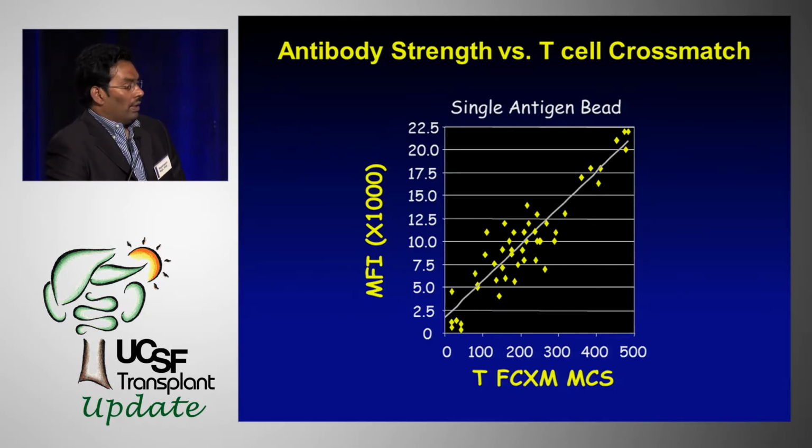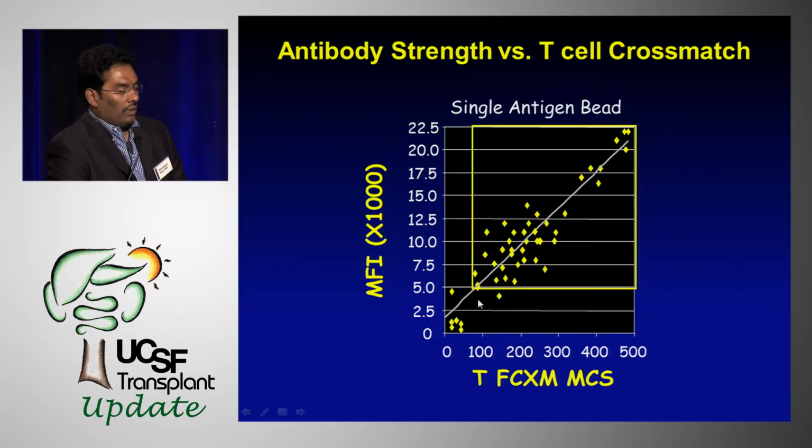We also did a correlation between the MFI, the strength of antibodies, and the cross matches. So this is the flow cross match, T cell cross match, and the MFIs. Anything over 5,000 MFI, the flow cross match will be positive, and anything over 15,000 MFI, the CDC cross match will be positive. So at UCSF, we block anything over 2,000 MFI. That means you never get any positive cross match, even with this sensitive flow cytometry.